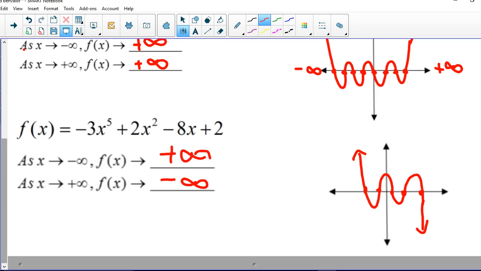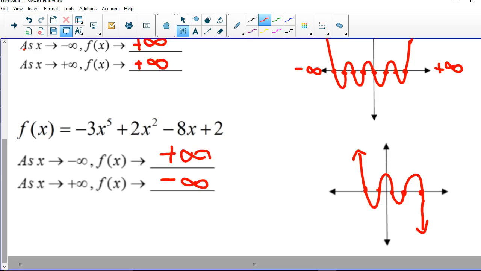If it's positive, my right hand is going up. If it's negative, my right hand is going down. Next, I'm looking at the degree. If it's even, my hands are going in the same direction. If it's odd, my hands are going in opposite directions.